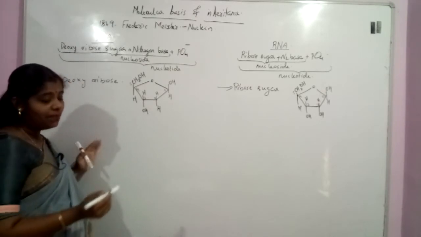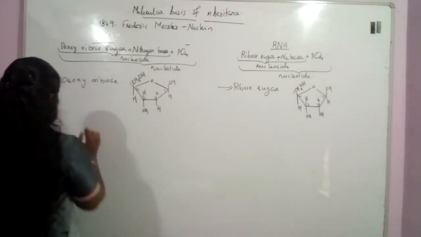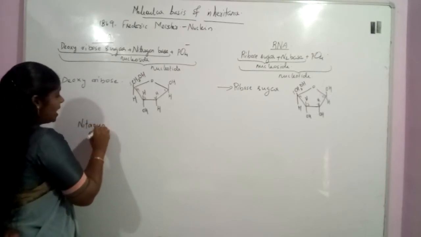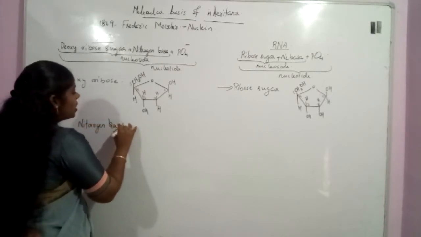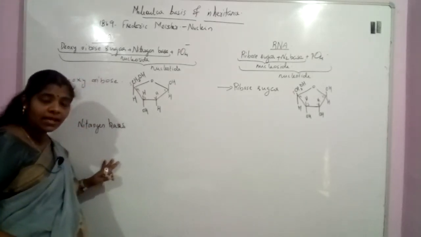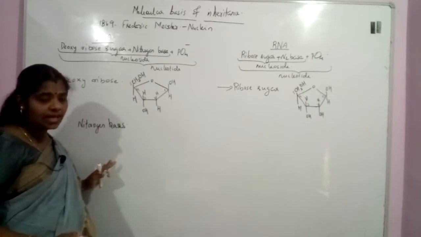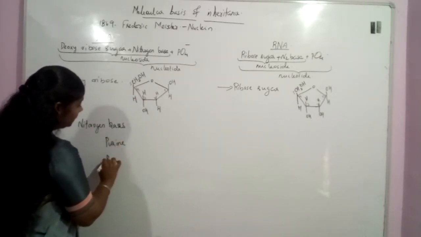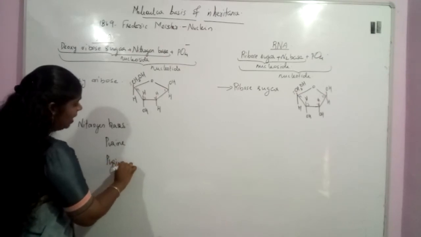ഏതൊക്കെയാണ് നൈട്രജൻ bases? See here, in the case of deoxyribose sugar, the nitrogen bases which are taking part in the nucleoside formation-ലെ ടേക്ക് പാർട്ട് ചെയ്യുന്ന നൈട്രജൻ ബേസസ് ഏതൊക്കെയാണെന്ന് ചോദിച്ചാൽ പ്യൂരിൻ ആൻഡ് പിരിമിഡിൻ. Purine and pyrimidine.